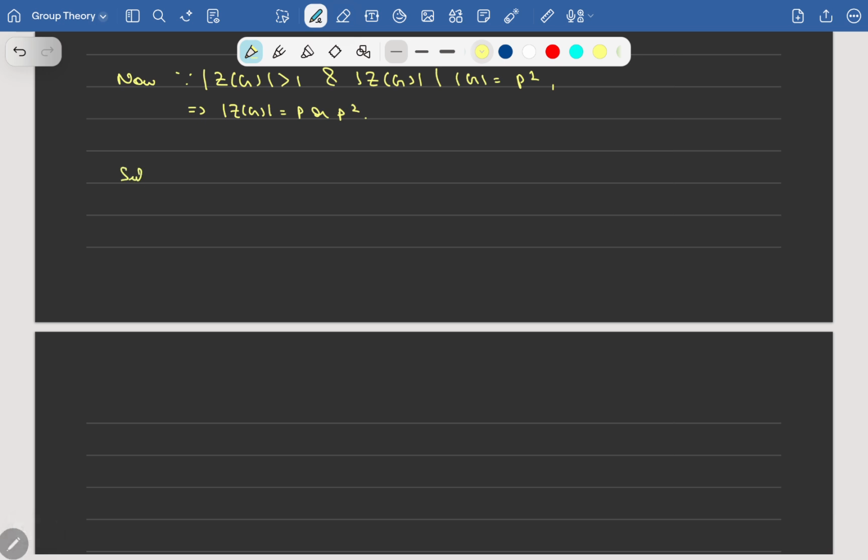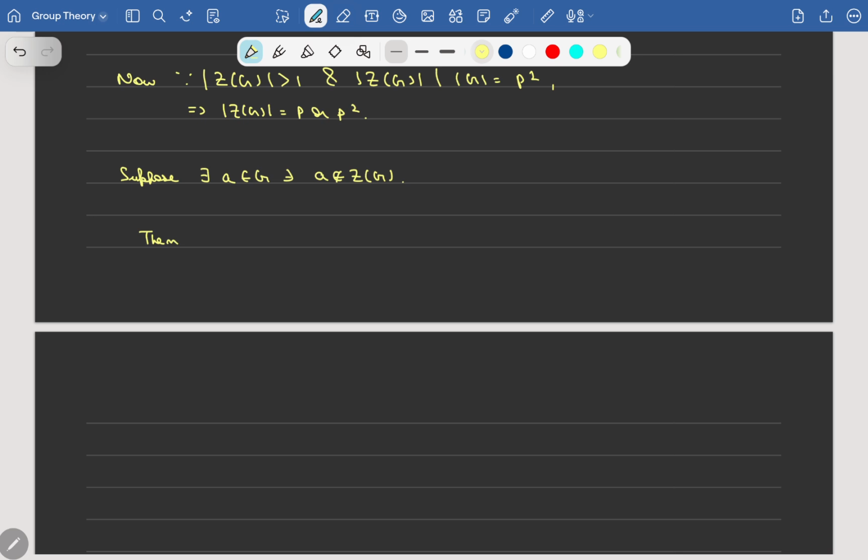So suppose there exists an element A in G such that A is not in the center. Okay, then what do we have?